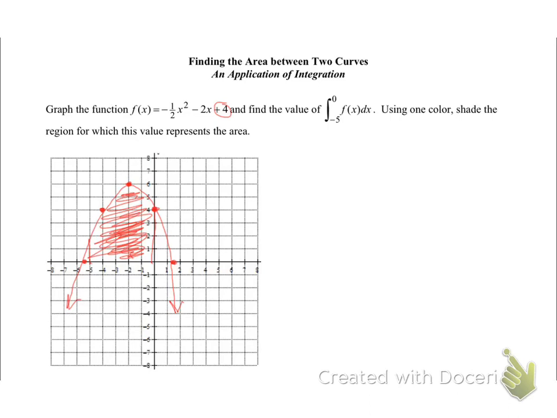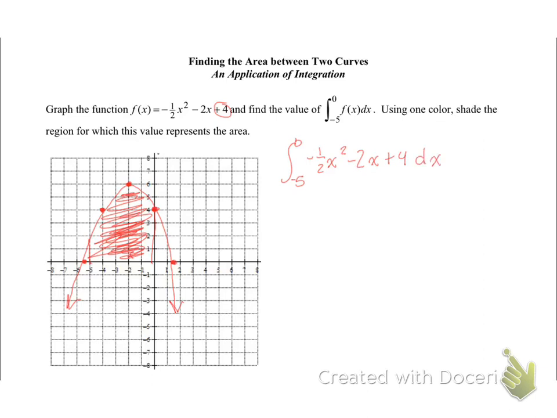Now to find this integral from negative 5 to 0 of negative 1/2 x squared minus 2x plus 4 dx.